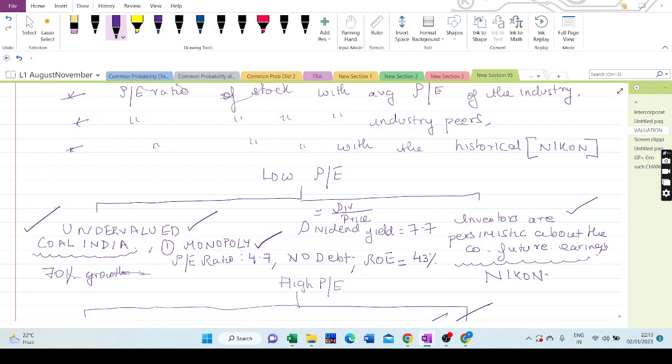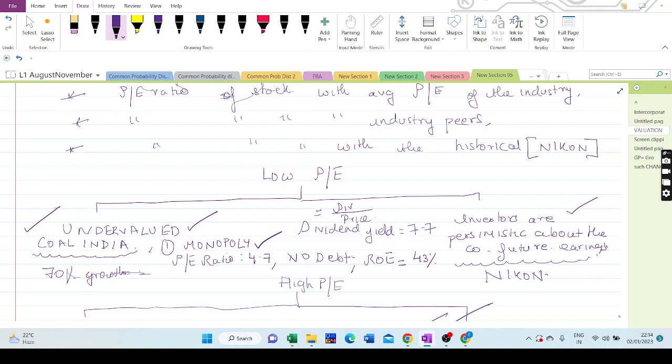So from the overall perspective, with Coal India being a monopoly, with no debt in its books, with such a high growth in earnings, such a high dividend yield, and such a high return on equity, now if you look at this P/E, you can safely say that this company is undervalued and is expected to do well in the future.